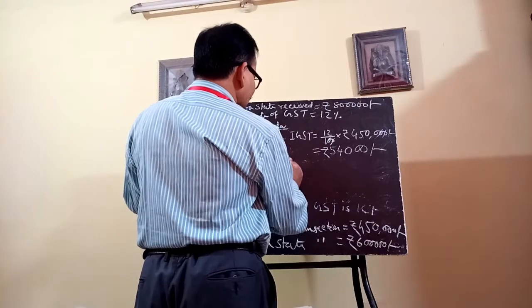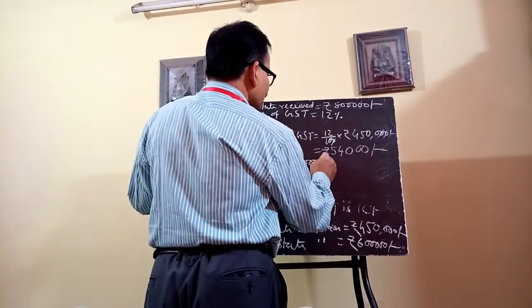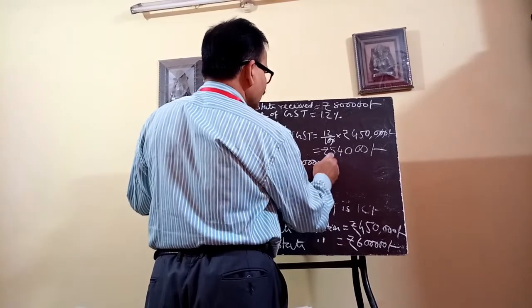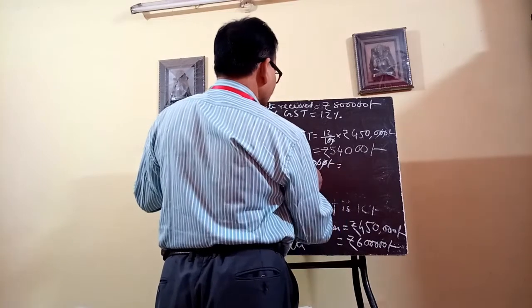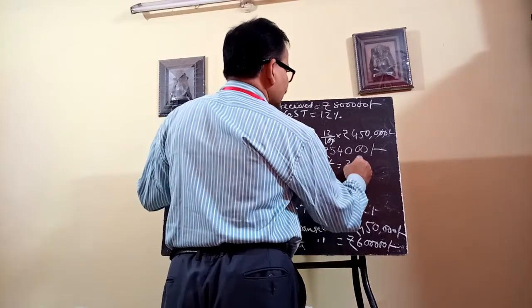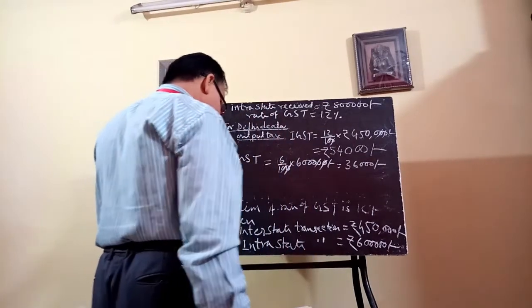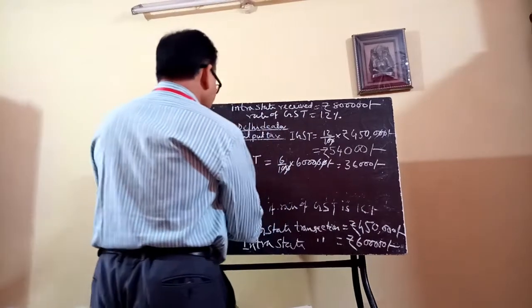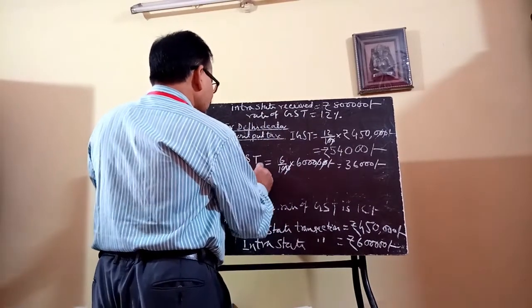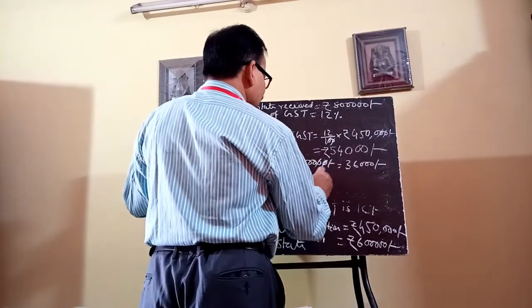So this is 6% of your rupees 6 lakh. 6 lakhs, 0 cancel. So this is your rupees 36,000. So rupees 36,000 is your CGST. Then SGST will be again 6% of rupees 6 lakh.